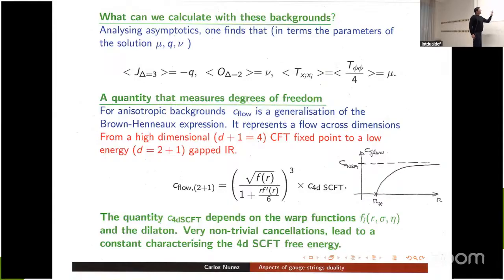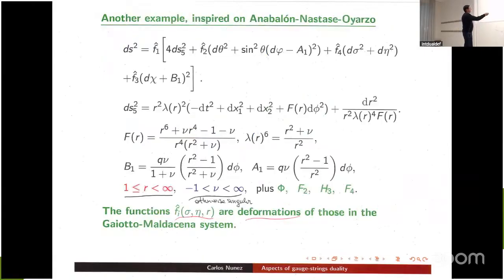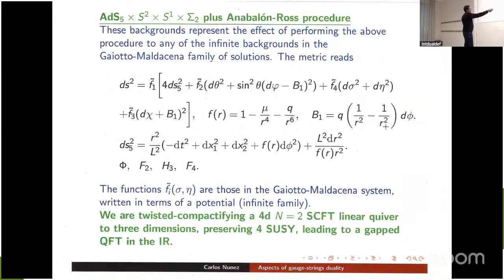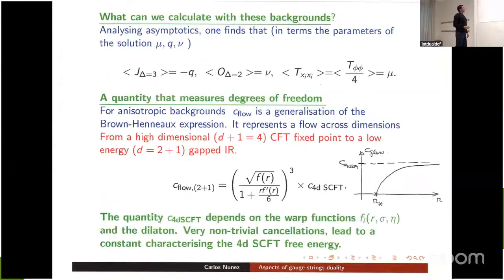The result is a product between the central function of the UV CFT, whichever CFT you chose, this will appear there, times a function that depends on the flow. In particular, in this case, it is this function f here or that function f there. So you just take that seriously, you plot this function, and you find something that for large values of R, say in the UV of the system, takes the value of the central charge of the CFT in 4D.